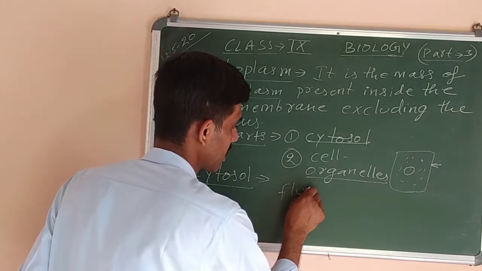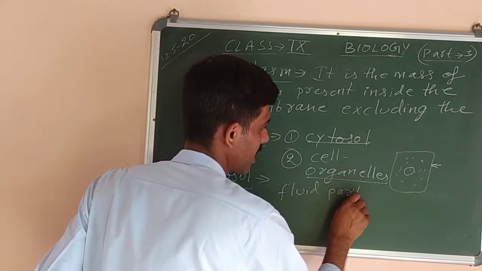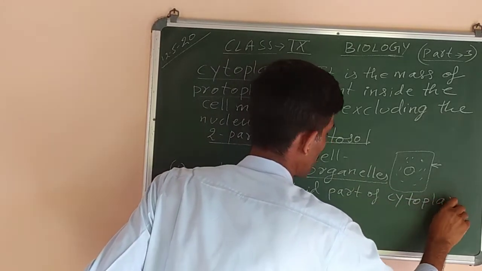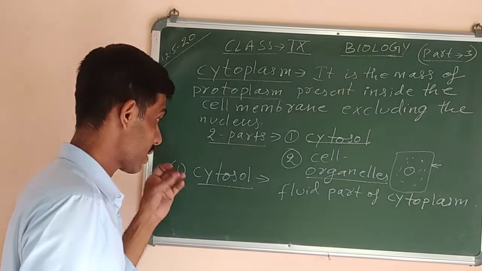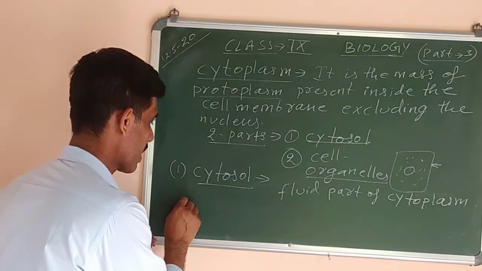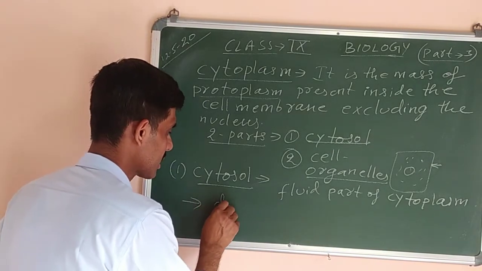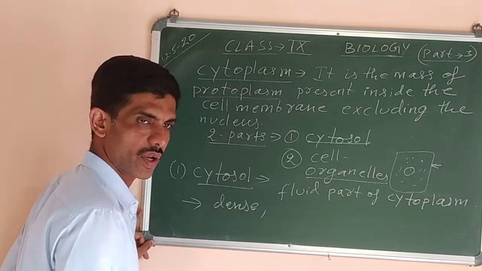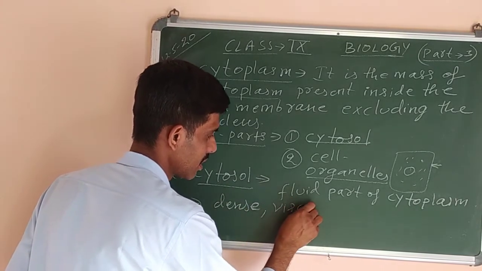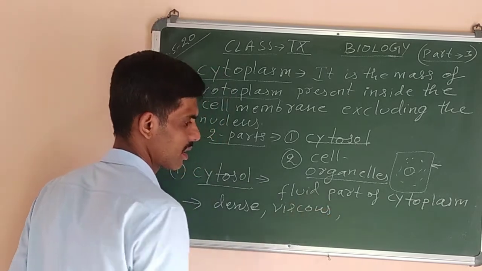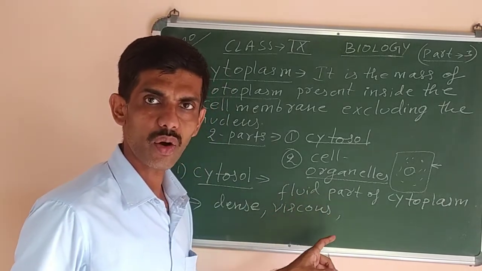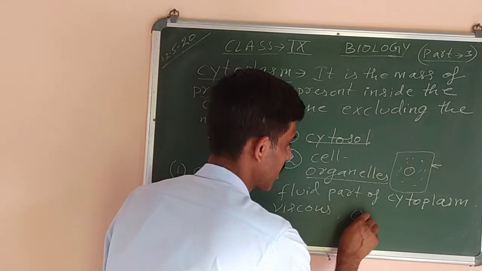The first point: the fluid part or liquid part of cytoplasm is called cytosol. Now what about its nature? It is dense, and it is viscous, a crystallo-colloidal liquid, means in the form of crystals also.